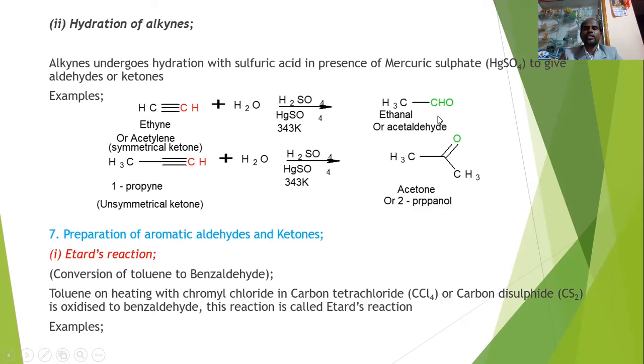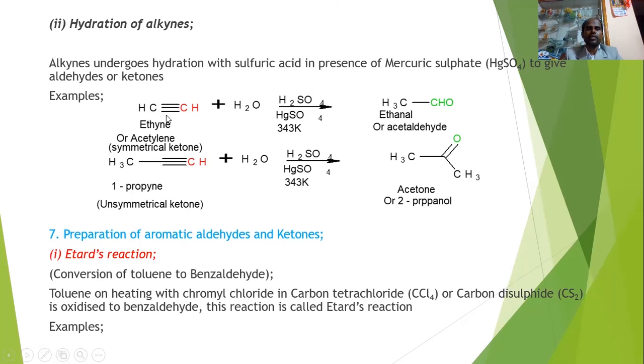The obtained product is an aldehyde or ketone, based on the substituent present in the alkyne. So alkynes undergo hydration with sulfuric acid in the presence of mercuric sulfate, giving rise to aldehydes and ketones.